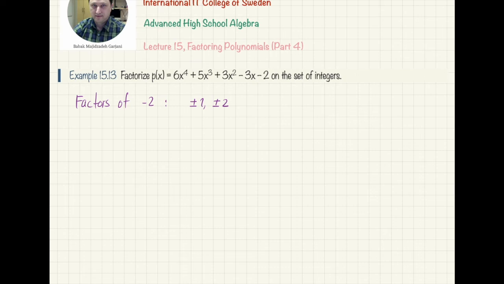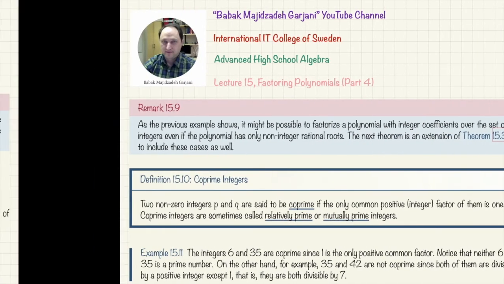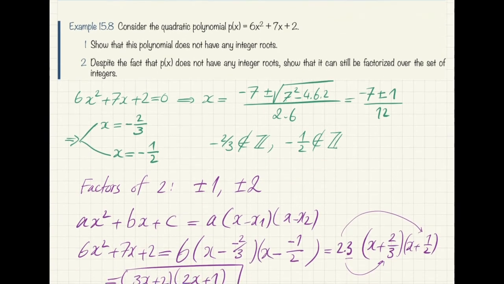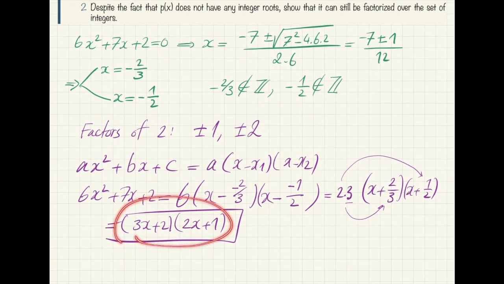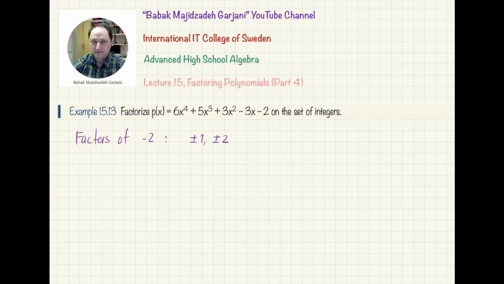But still it might have a rational solution, which is not integer. But this is also good, yes, because let me again go back and remind you about this. You see, this polynomial doesn't have any integer root, but still it was possible to factorize this over the set of integers. Yes, so this might still be the case for this one as well. So now I use the theorem.